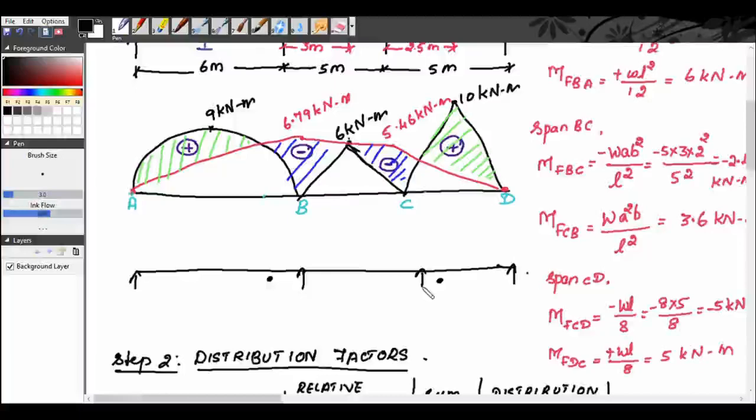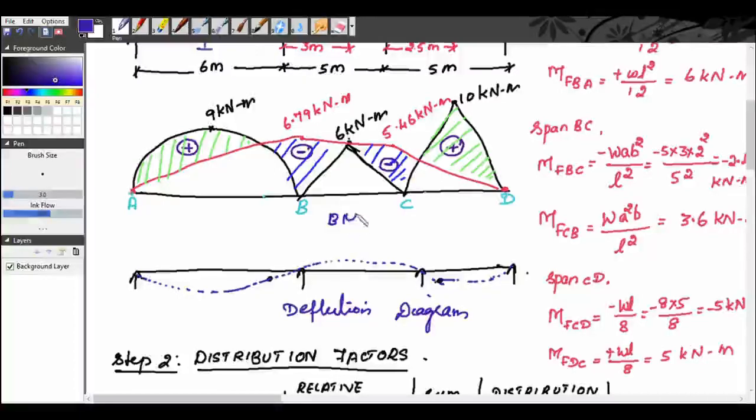So how will we draw our deflection diagram? It will be like this. This way your continuous beam deflects. So this is your deflection diagram, and this is your bending moment diagram.